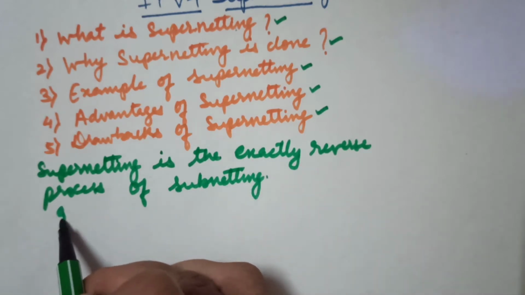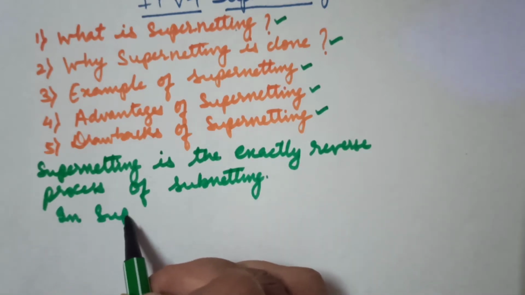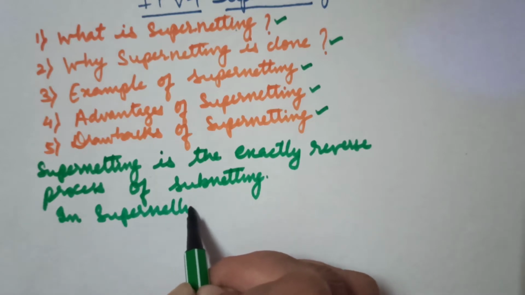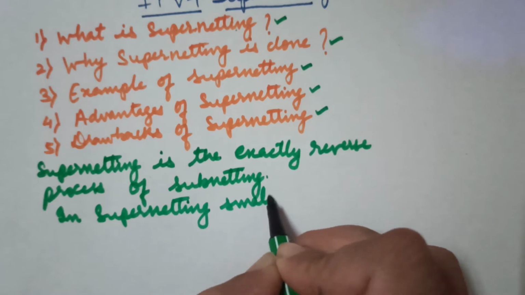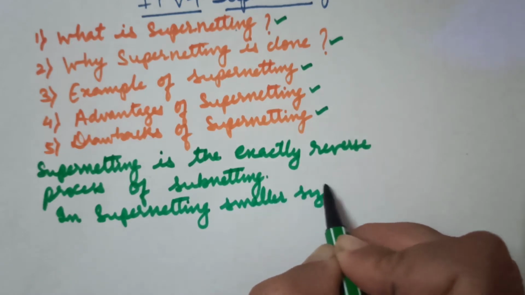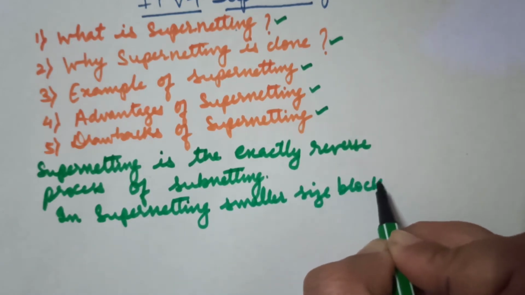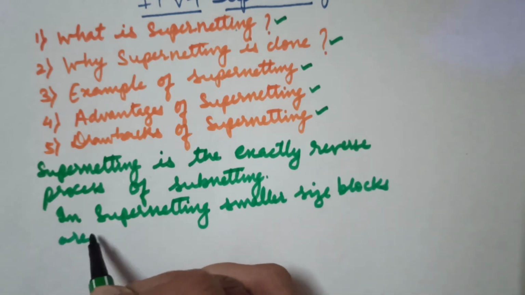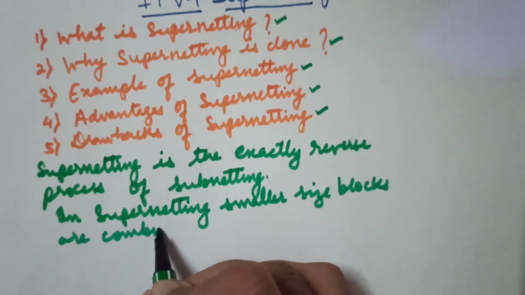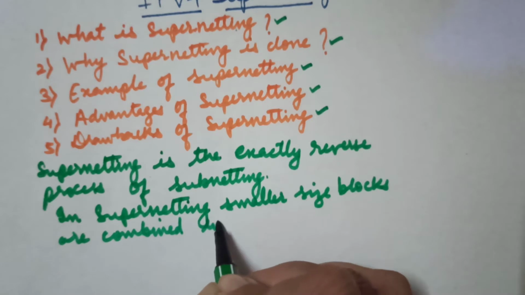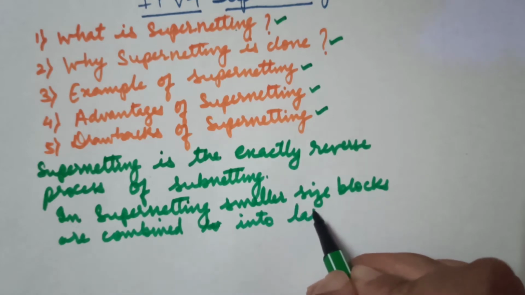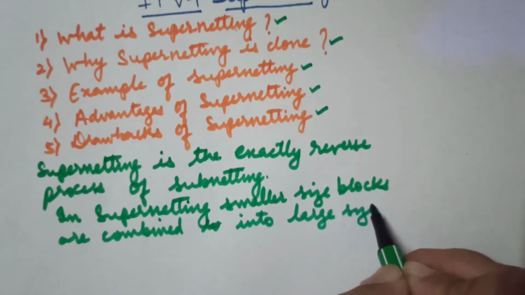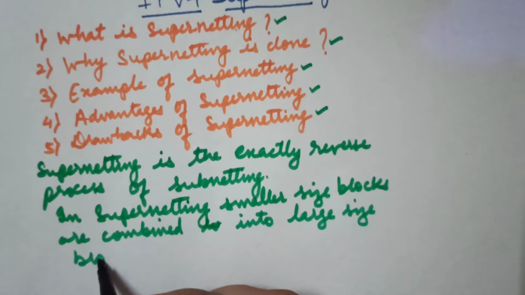In supernetting, smaller size blocks are combined into large size block.